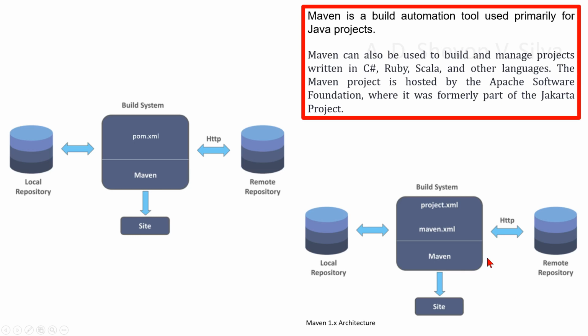And here you can see the build system. The top part consists of project.xml and maven.xml. At the bottom you can see Maven, and the build system interacts with the local repository and remote repository.